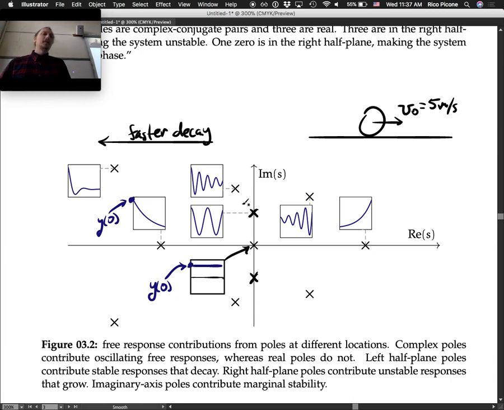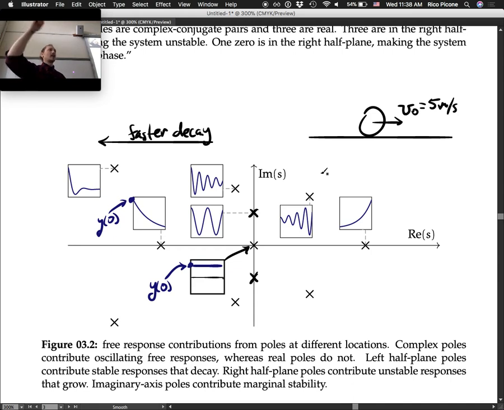Now I want to go over to the right half plane because we're expecting this to be the unstable part, right? So let's do that and start off with an initial condition, and this is a complex pair of poles, and we get an oscillation again, but this oscillation grows, okay?